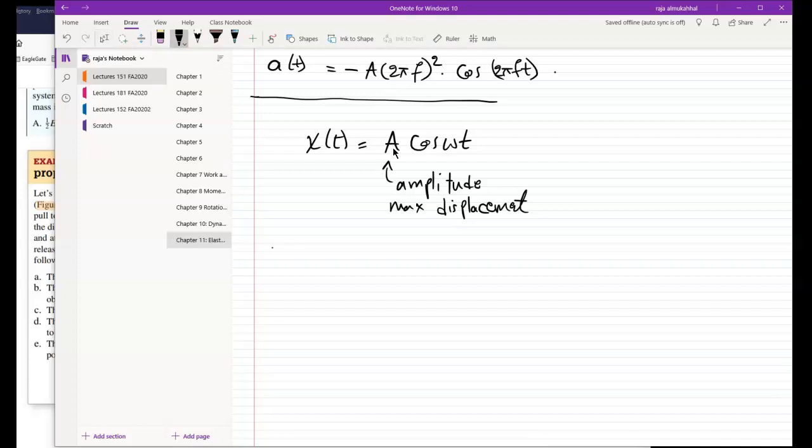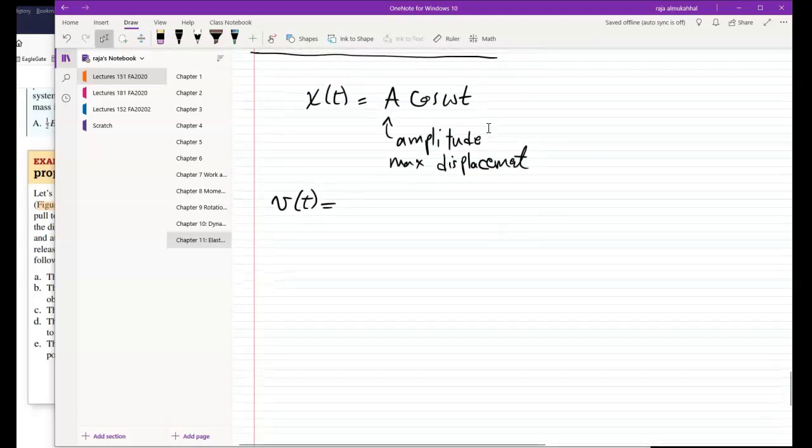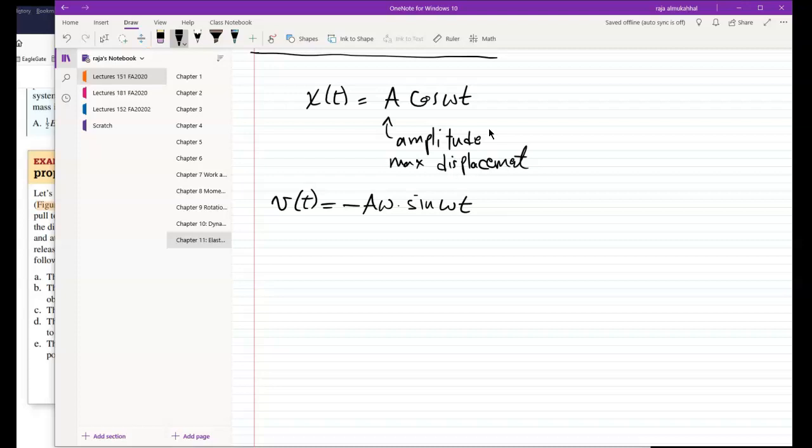Now, for velocity, bear with me, v of t is what, here it is right there: minus A omega sine omega t. Let me write it down. Well, what is that?